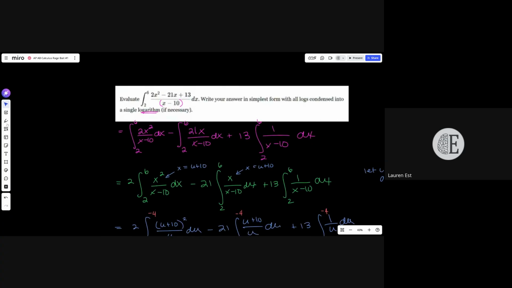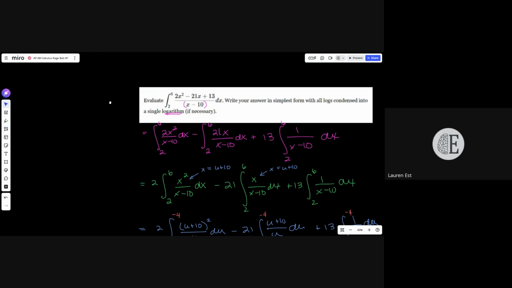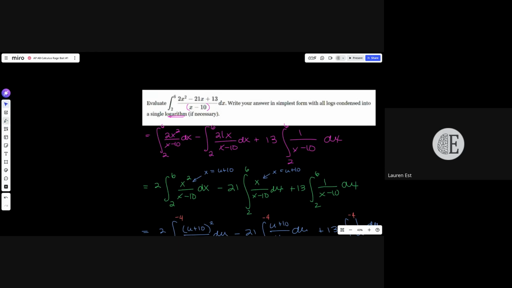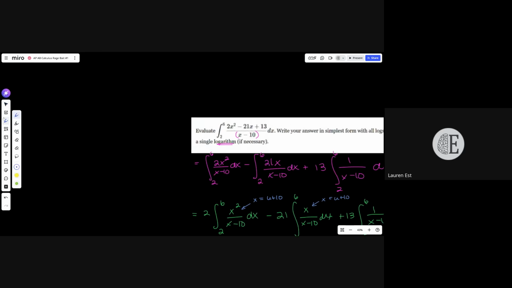So I did all of that math just for us to look at the instructions. And it specified that we should be using synthetic division. So I'm going to show y'all how to do this with synthetic division.